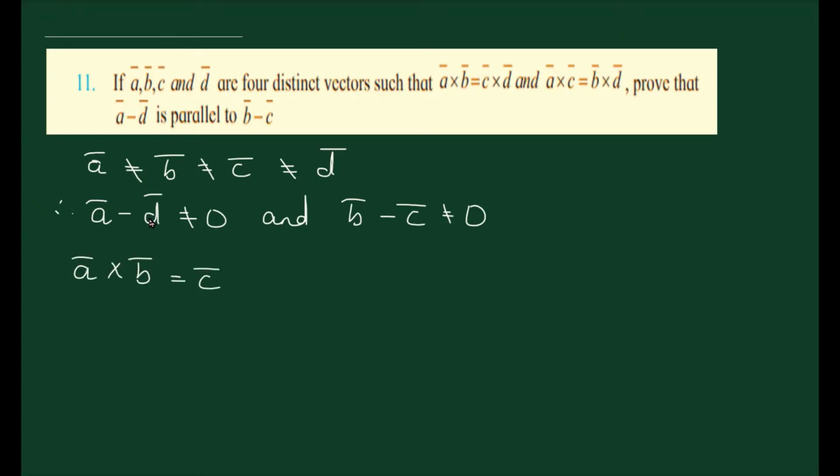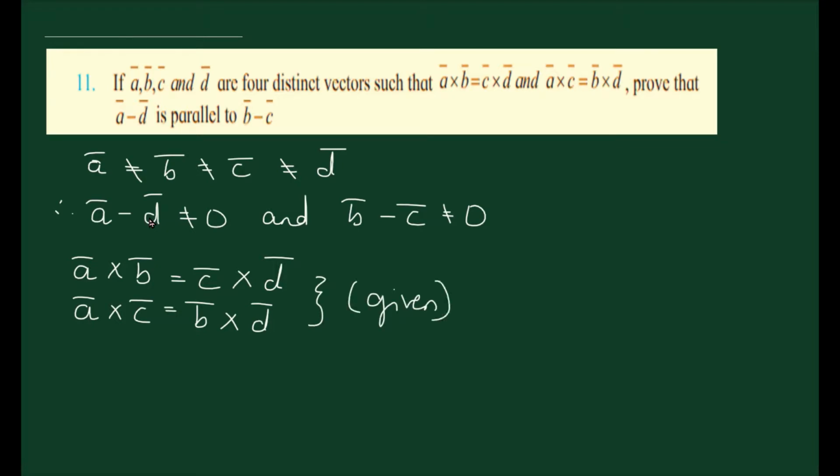Then we have A cross B is equal to C cross D. Also we have A cross C is equal to B cross D. Both of them are given to us, from the given data.